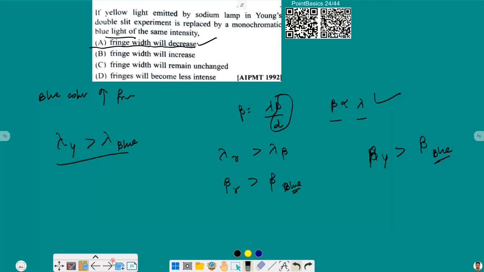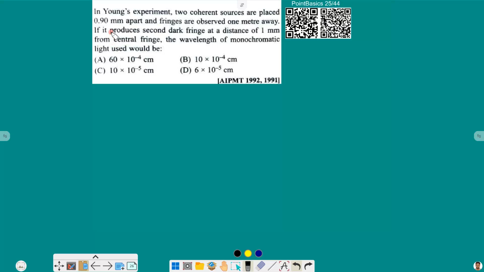Now in the next one, in Young's experiment, two coherent sources are placed 0.9 millimeter apart and fringes are observed 1 meter away. If it produces second dark fringe at a distance of 1 millimeter from the central fringe, the wavelength of monochromatic light used will be.